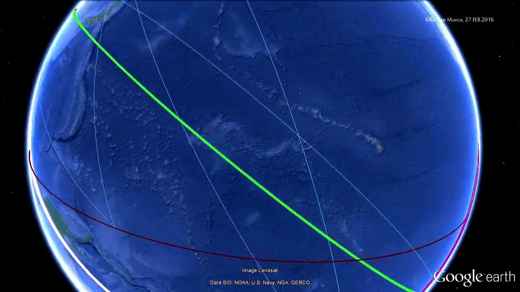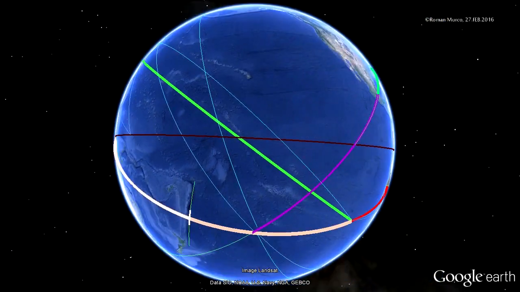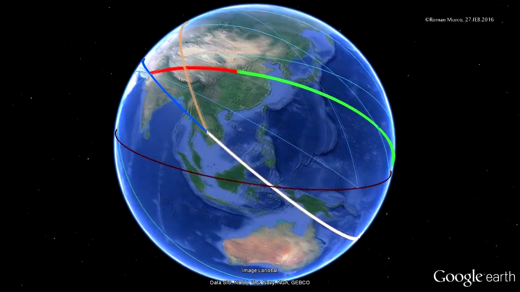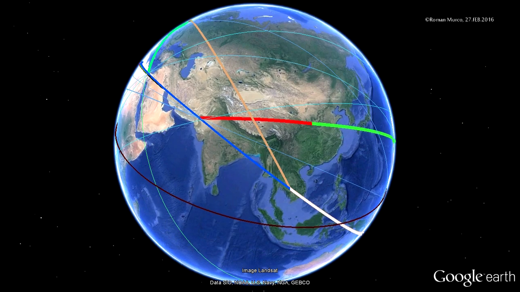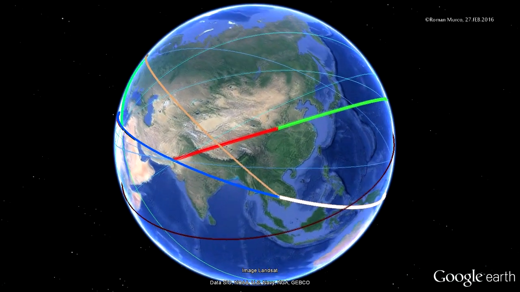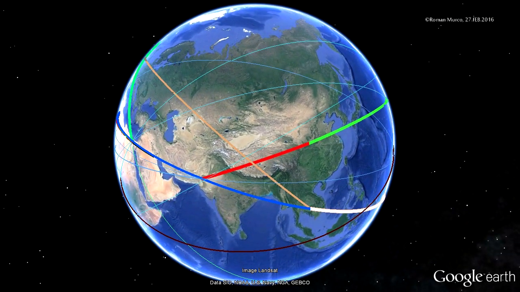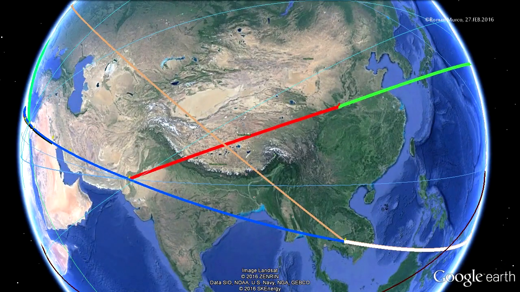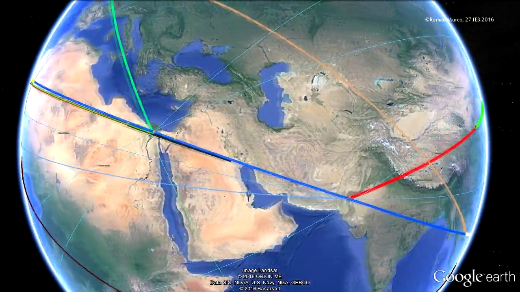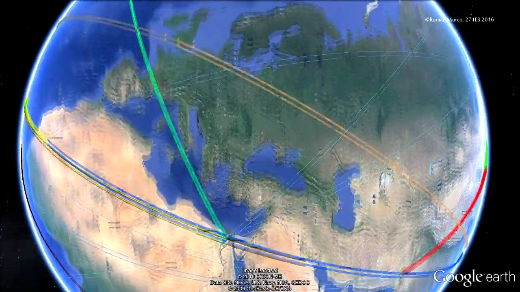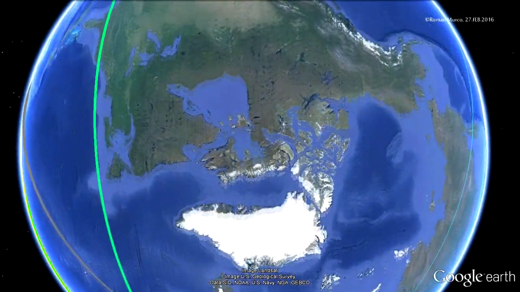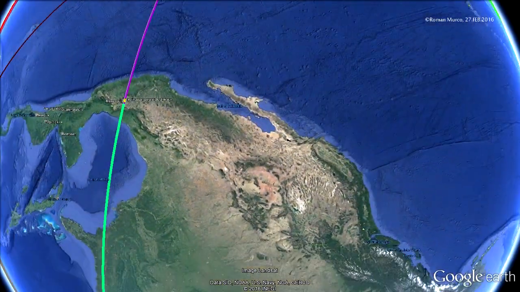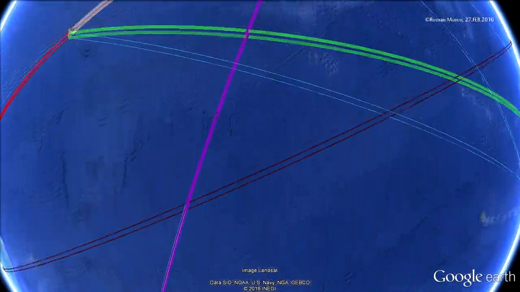For example, this green line has exactly 16,000 kilometers, 16,200 kilometers, and also a path from Giza through Teotihuacan and back on this orbit is in special proportions.